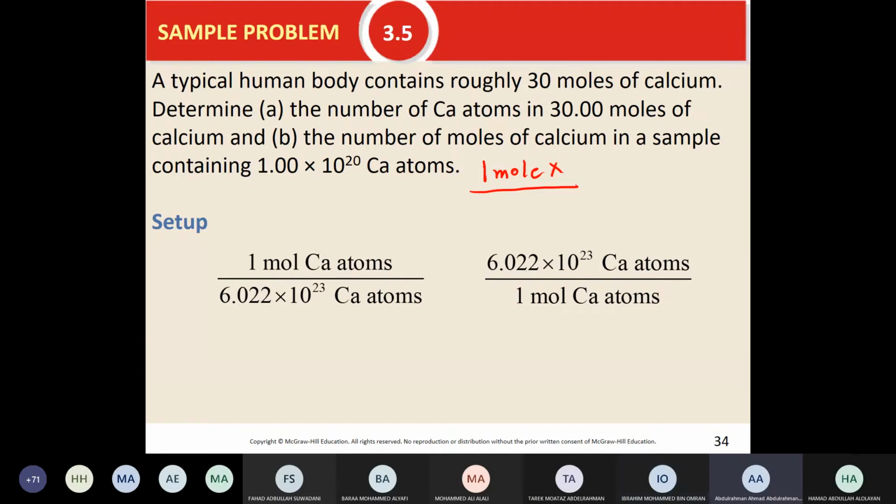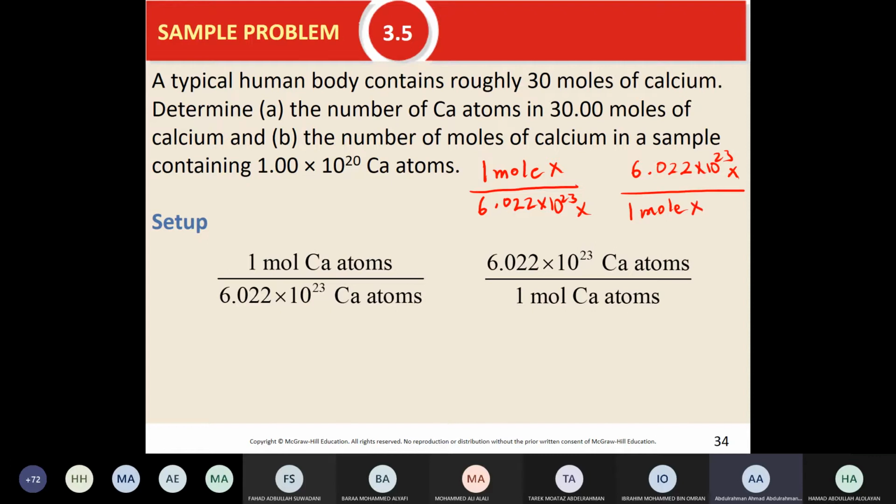Avogadro's number, 6.022 times 10 to the power 23 X. Also, if I reverse it, the same thing: 6.022 times 10 to the power 23 X divided by 1 mole X. You remember this now?